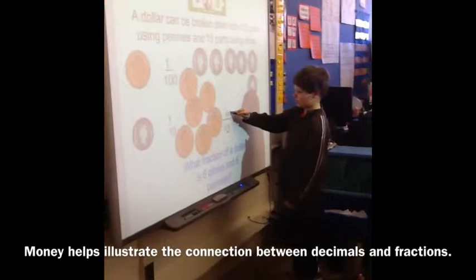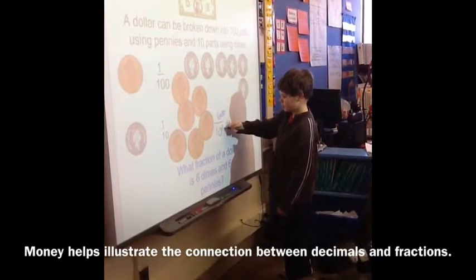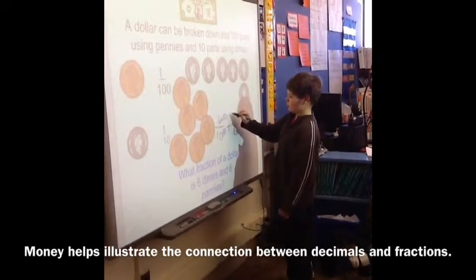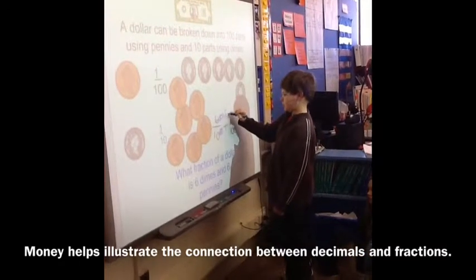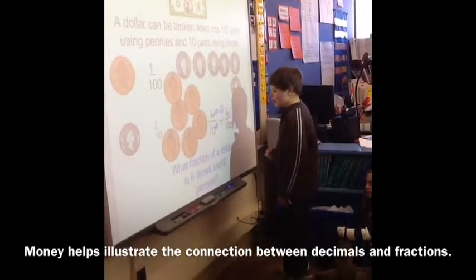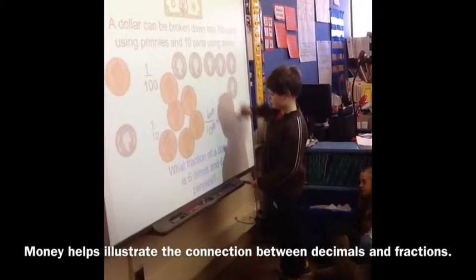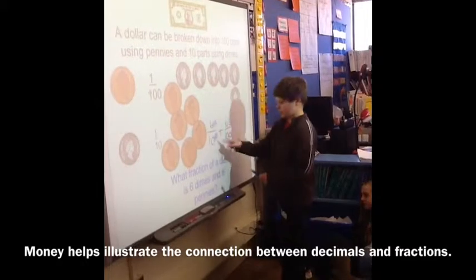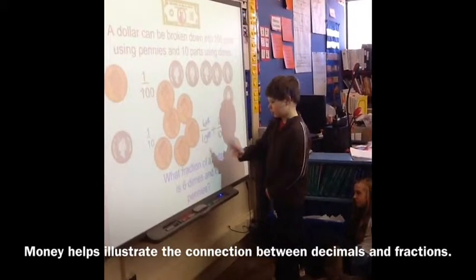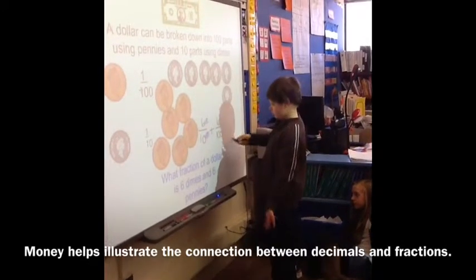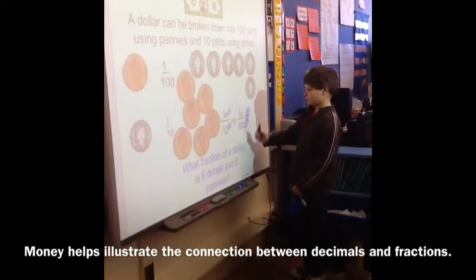So you have to times that by 10, and that by 10. That equals 60, even though you can't see that very well, and that equals 100, so it's 60 100ths plus 6 100ths.